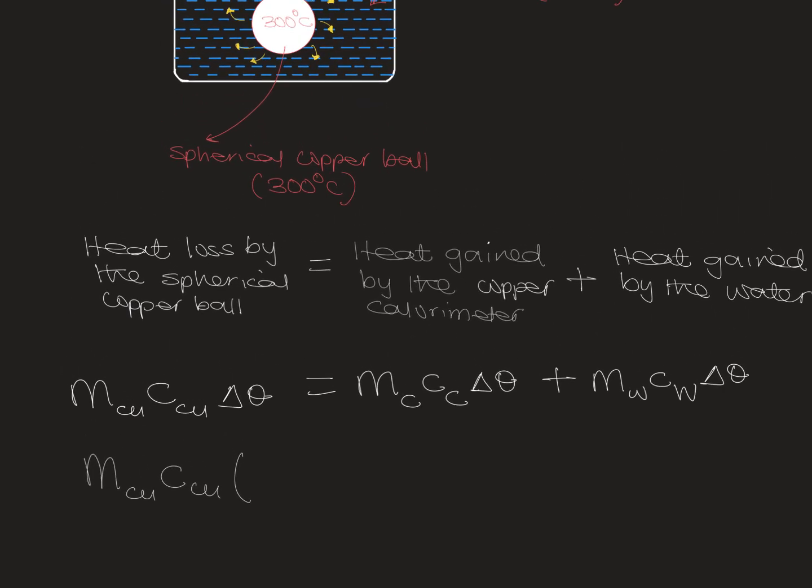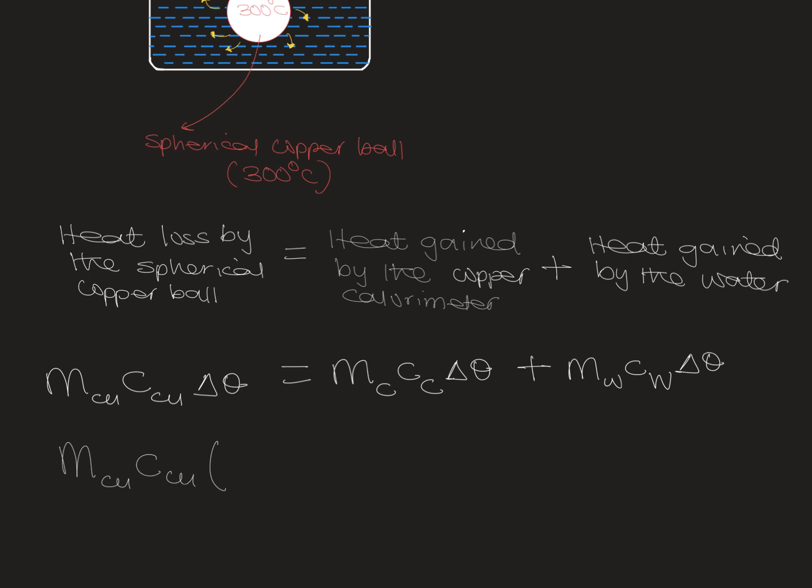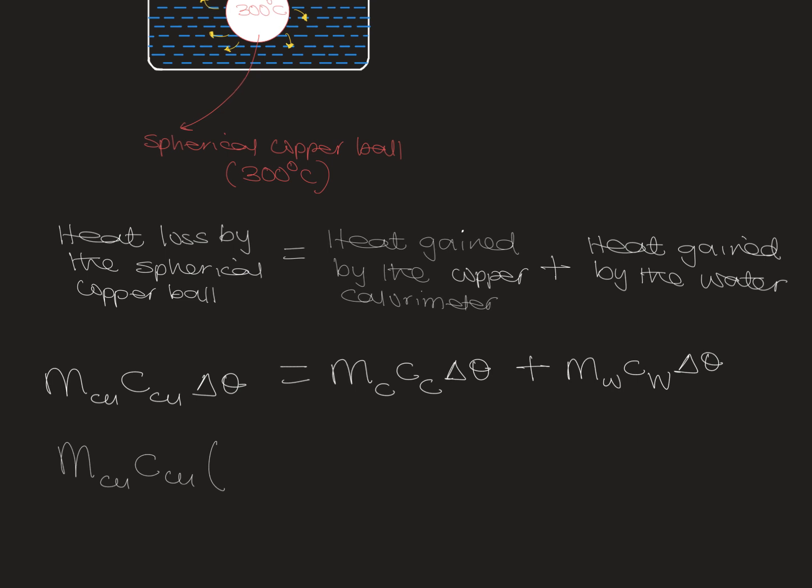Since it is losing heat, it will be the initial temperature, let's call it theta 3, minus the final temperature, which is the equilibrium temperature attained, theta 2.